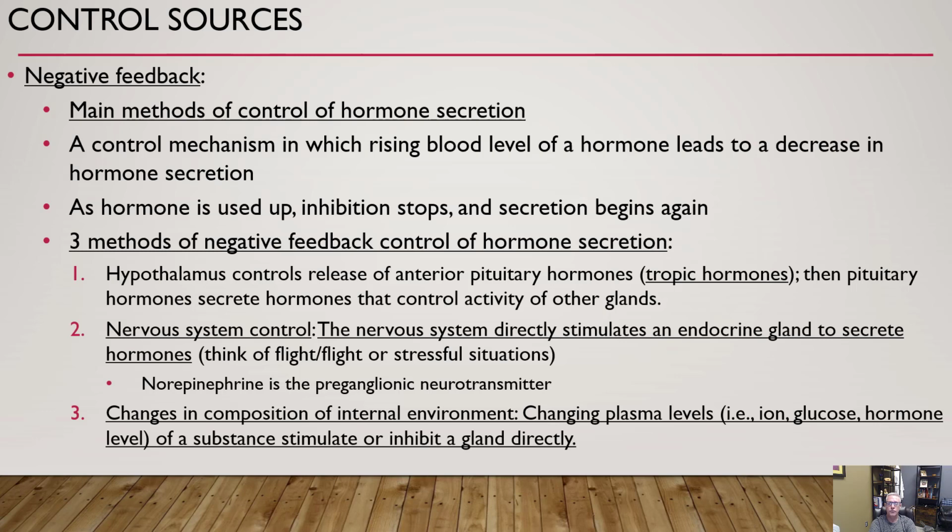So there are 3 ways that the body can perform this negative feedback. The first one is that the hypothalamus controls the release of anterior pituitary hormones, and then the pituitary hormones secrete the hormones that control the activity of other glands.